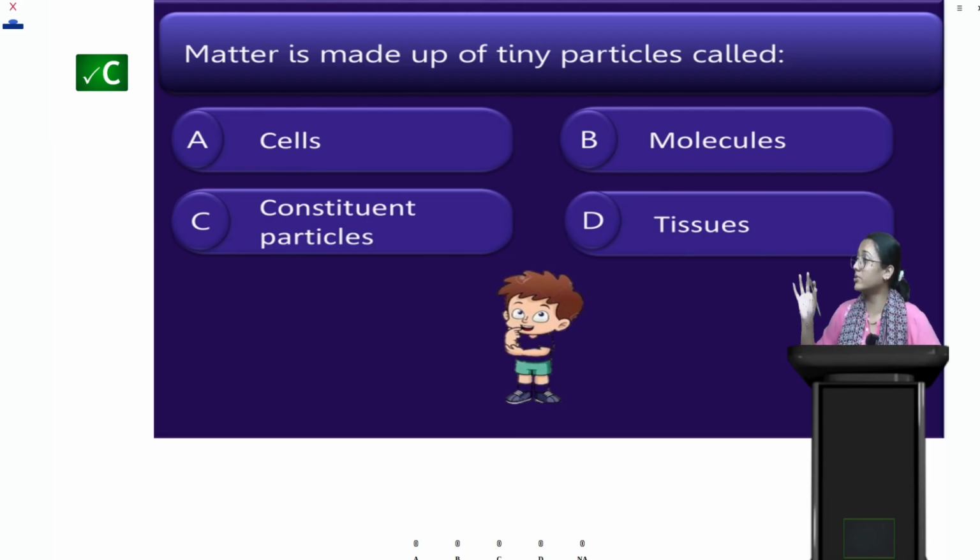The particles which make up matter are known as constituent particles, because they are constituting that matter. So our right answer is option C, constituent particles. Clear, everyone?